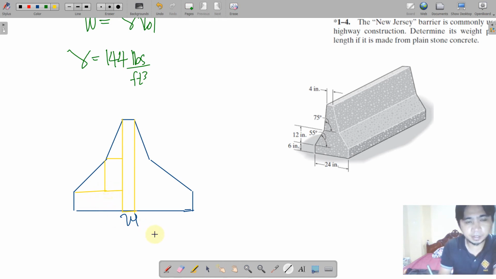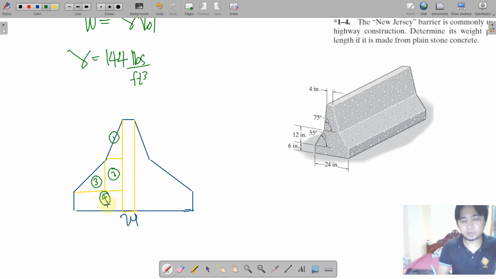So basically, we will be having how many? So we'll just label those: area 1, area 2, area 3, and this is the fourth area.